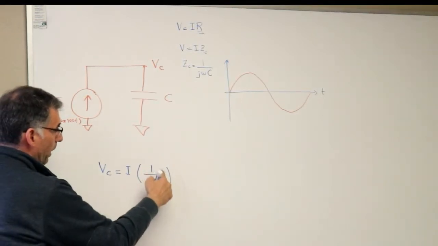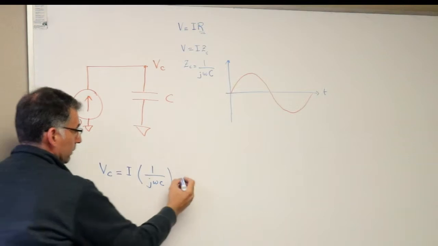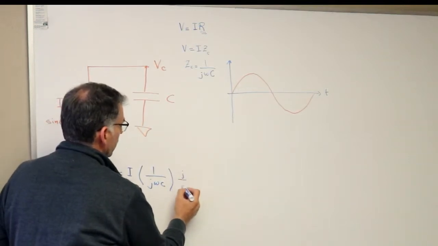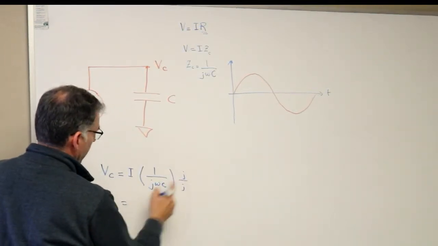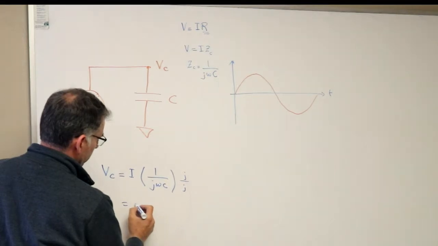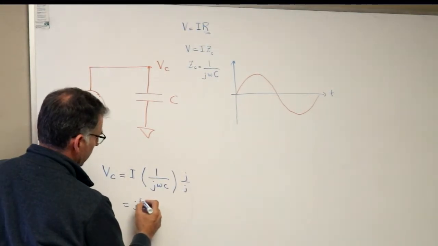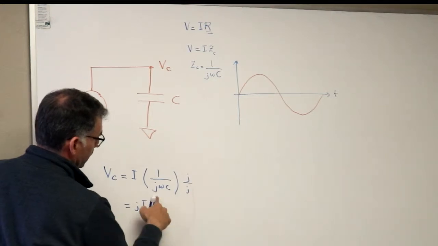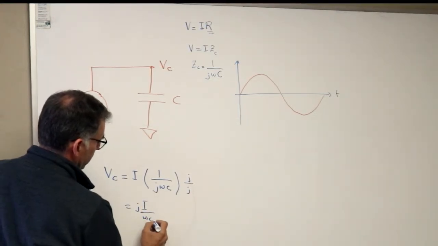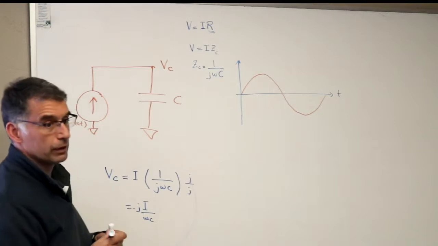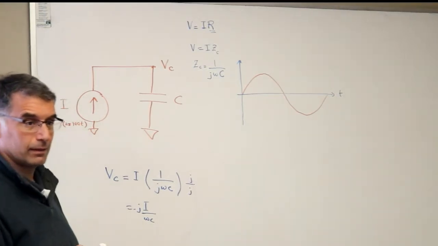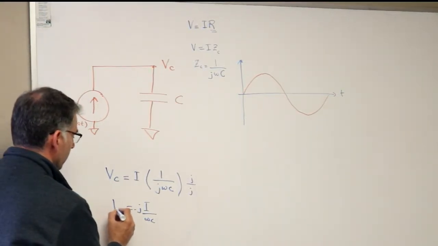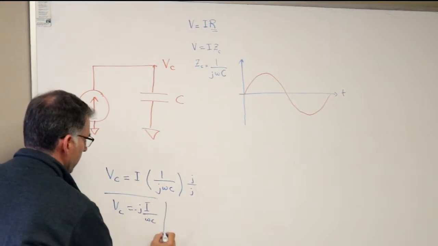So if I multiply this by j over j, then I get a j on the top. Here, I over, and then j times j omega C, so I get negative j I over omega C. So this is my voltage across the capacitor.